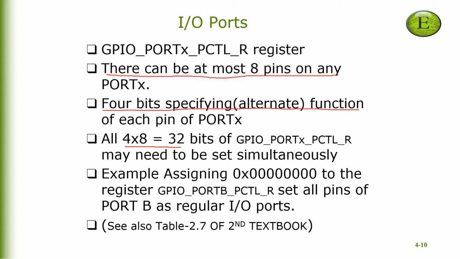Therefore 4 times 8 is 32, and this is how all 32 bits of this register may be simultaneously required to be updated. There's a table 2.7 of the second textbook, and a corresponding table in the first textbook, to look at how you wish to update the contents of the special function specify register based upon the function that we wish to implement on the port.